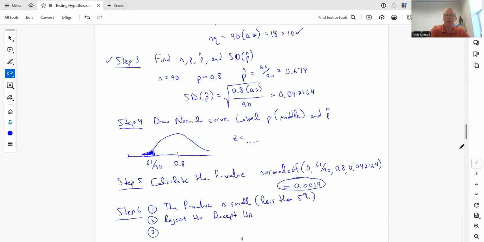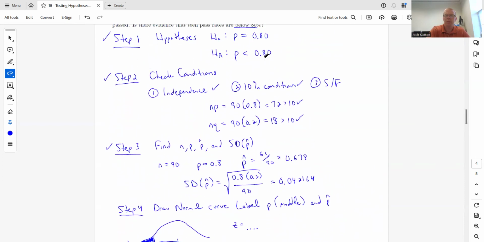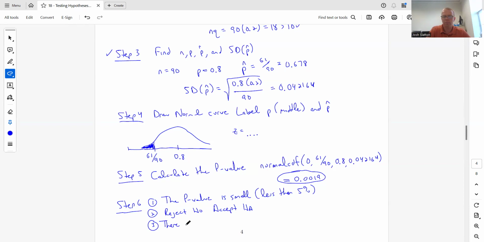So the alternative hypothesis, p is less than 0.80, we're going to accept that as being true. So there is evidence, or at least we're going to accept it as appearing to be true. It could be true. We're going to reject the null hypothesis. We're going to accept there is evidence.